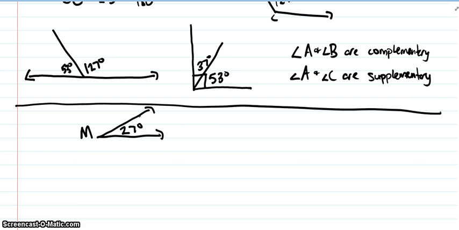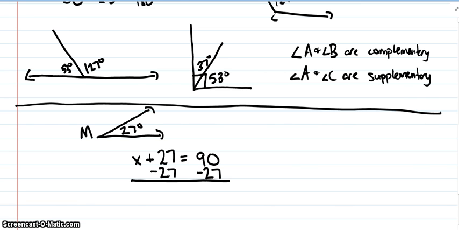Complementary means they add up to 90, so that's the goal. The complement is going to be another angle that we don't know right now, so we have x. What we're adding to it is 27, and when we add that together, it's going to give you 90. So we just subtract 27 from both sides, and we get x equals 63. So the complement of 27 is 63 degrees.